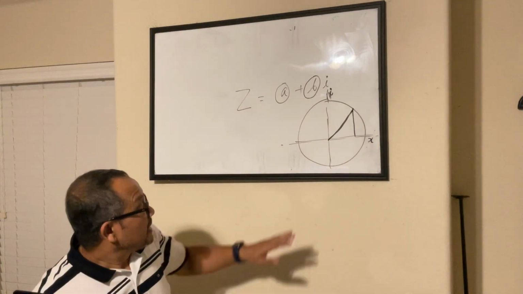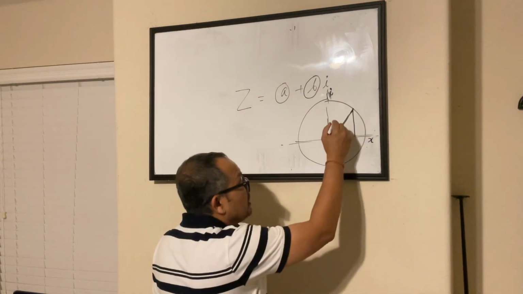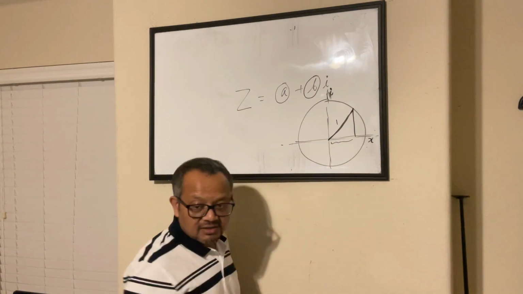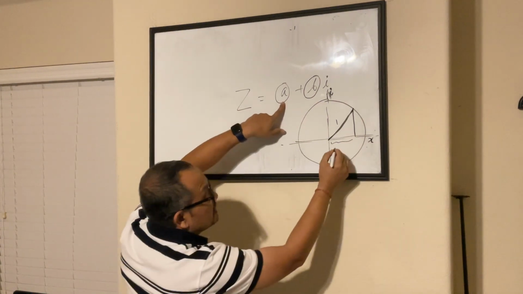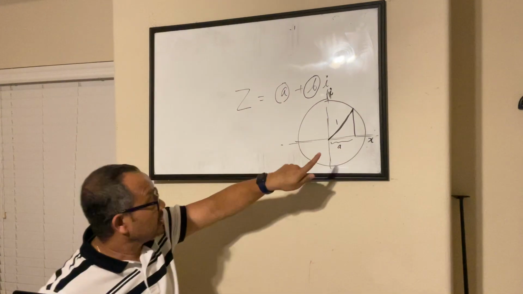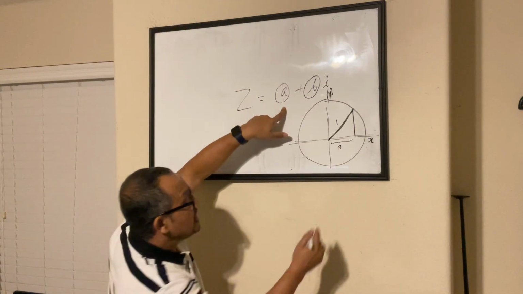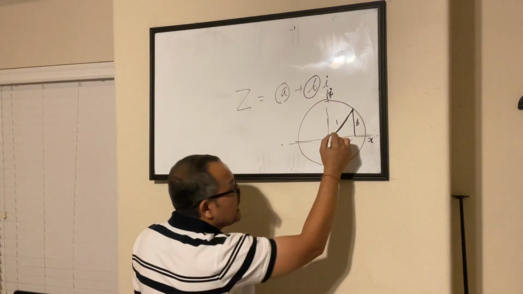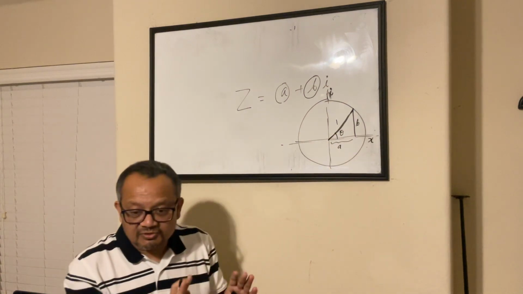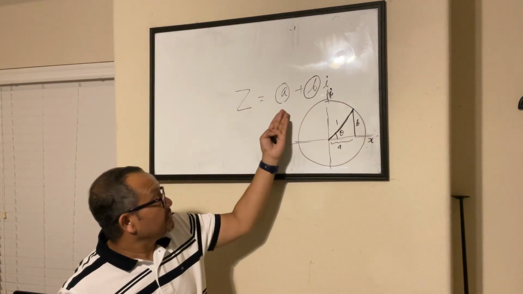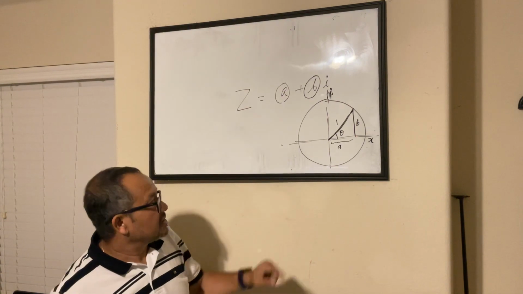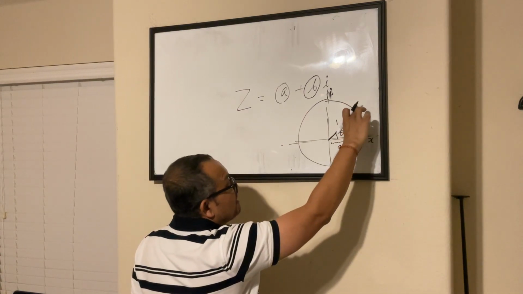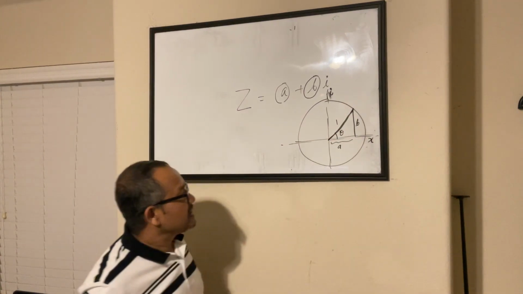Now, in this unit circle, we know that this is 1. This part is nothing but your real component, and this part is nothing but your imaginary component. And if this angle is theta, we are mixing two things right now. We are looking at the unit circle and comparing that with a complex number, relating that in a complex plane. So instead of y, this is my imaginary axis, so this is b.